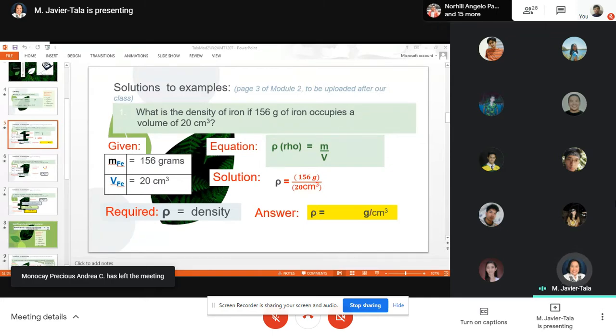The given are mass and volume. What is required from you is the density. So we just do direct substitution. Your density is equal to the ratio of your mass divided by volume. You just substitute it.